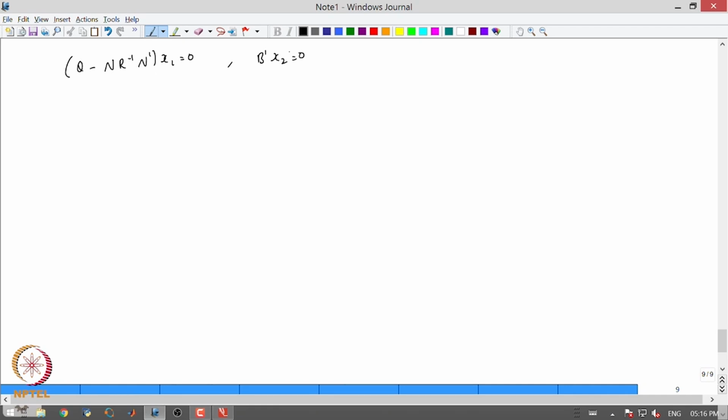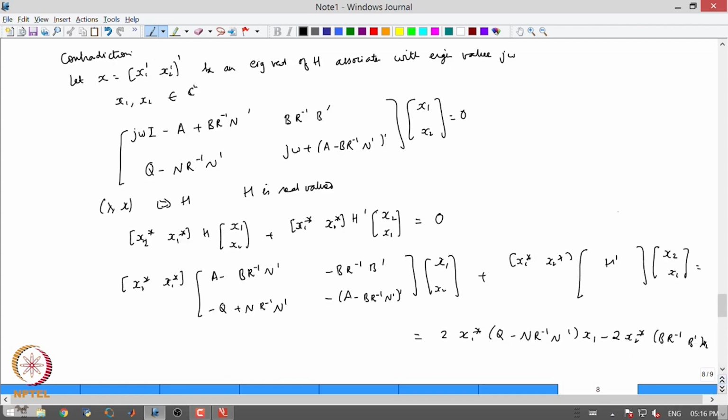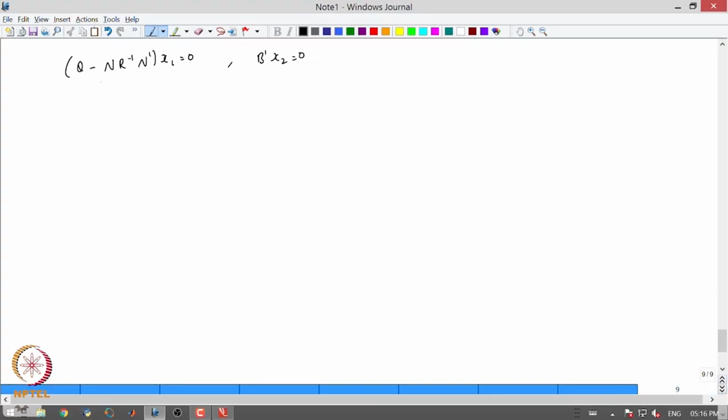Okay, we know that R inverse is always greater than 0, and therefore, the only possibilities are these two, 1 and 2.